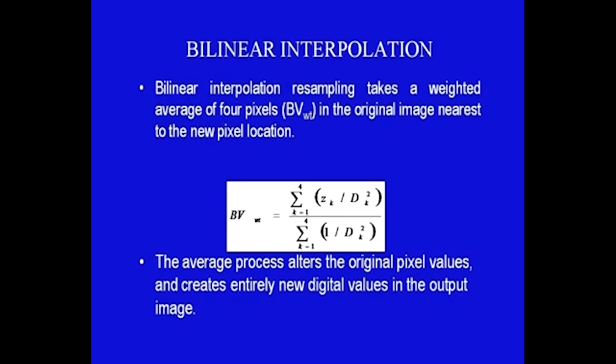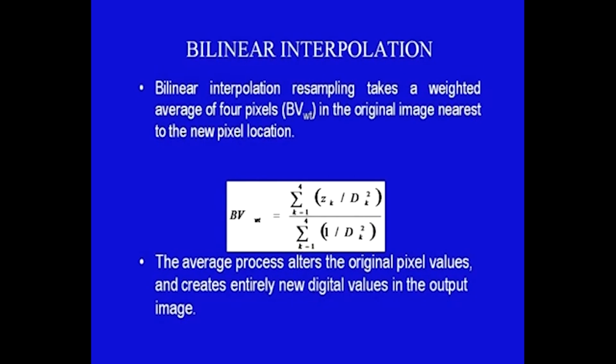In bilinear interpolation, the values of all the 4 points are taken, and an inverse weight based on distance is applied to the brightness values of the 4 pixels which surround this particular pixel.